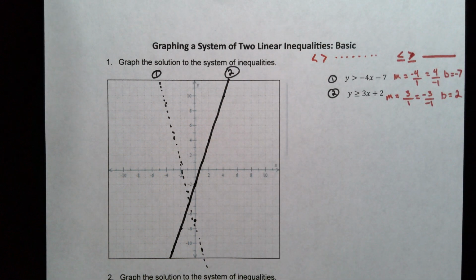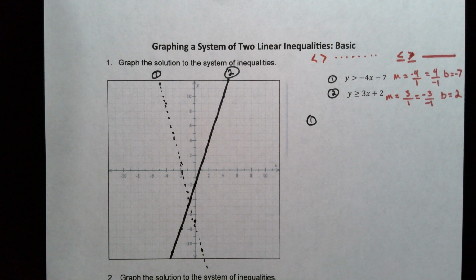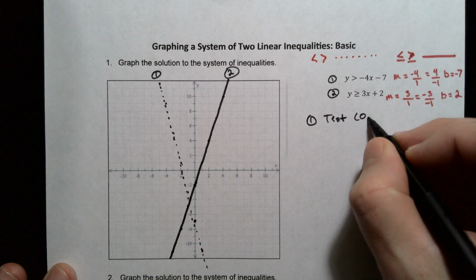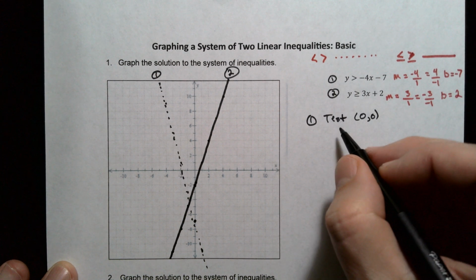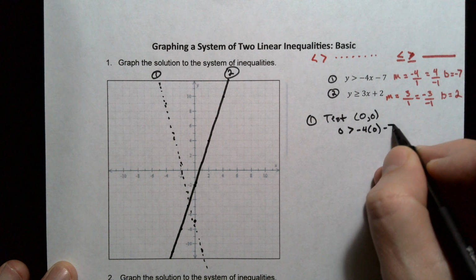Okay, now I'm going to do some shading. Let's look at that first. Go back to line number 1 again. We're going to test the point 0, 0 to see if that point is true for this line. So here's equation number 1. I'm going to plug in 0, 0. So 0 is greater than -4 times 0 minus 7.